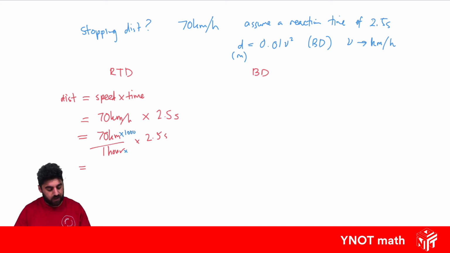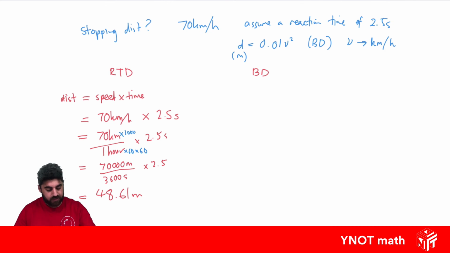And 1 hour we can change into minutes by multiplying by 60, and then seconds by multiplying by another 60. So we end up getting 70,000 meters per 3,600 seconds multiplied by 2.5 seconds. And that's going to give us a reaction time distance of 48.61 meters. You can just throw all that in the calculator.